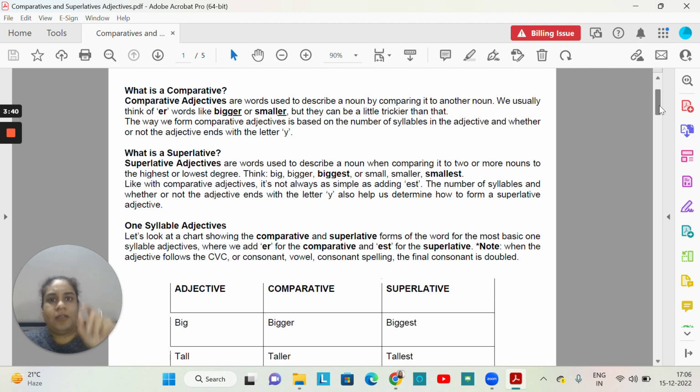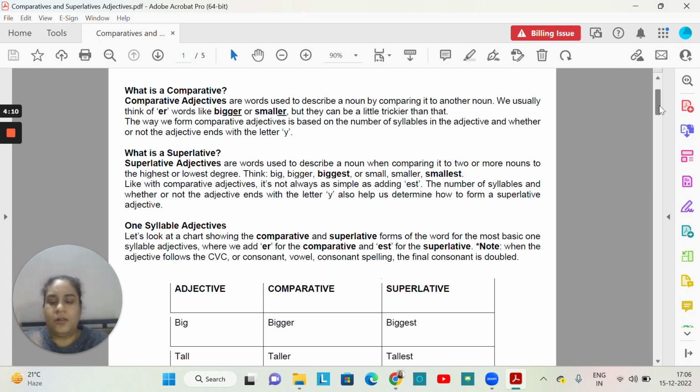If your word ends with a Y, you will strike off the Y and write IER. For example, easy. EASY is my word. I have to make a comparative adjective out of this. I will strike my Y and I will say easier. EASIER.